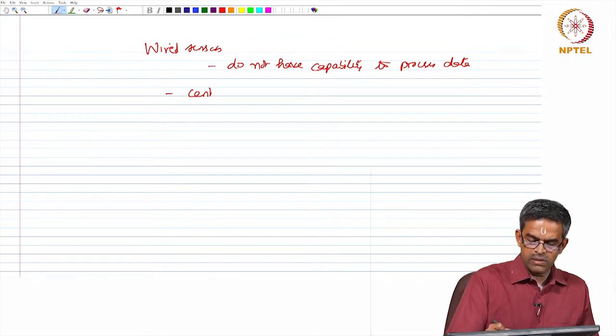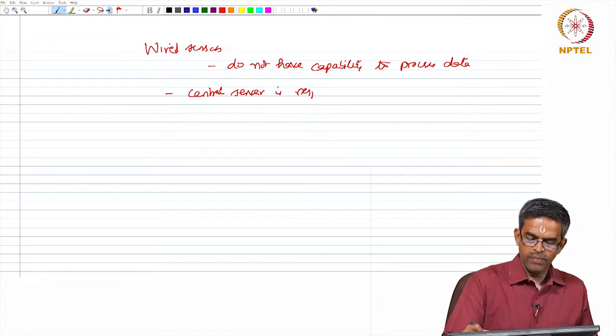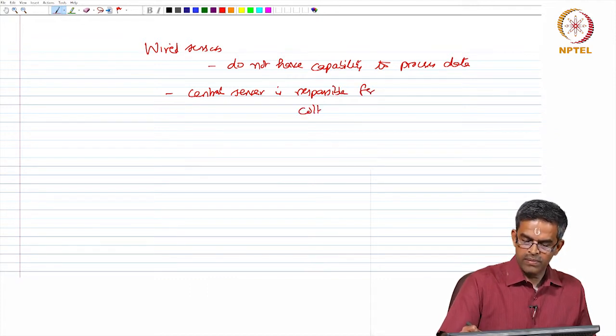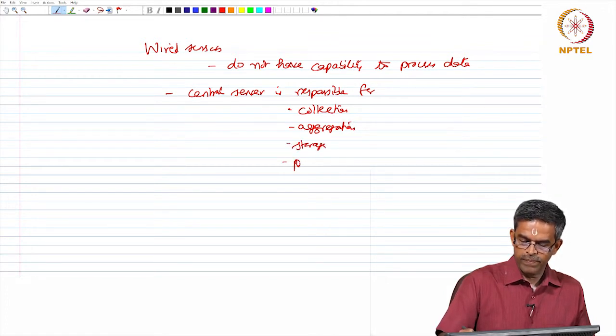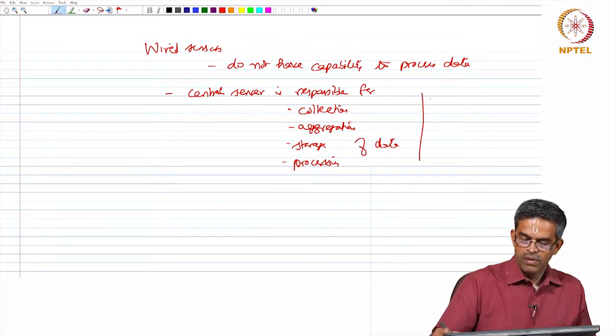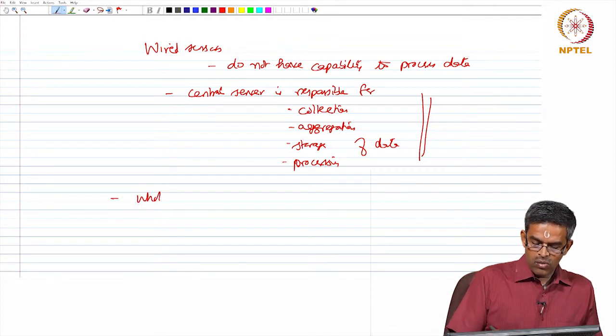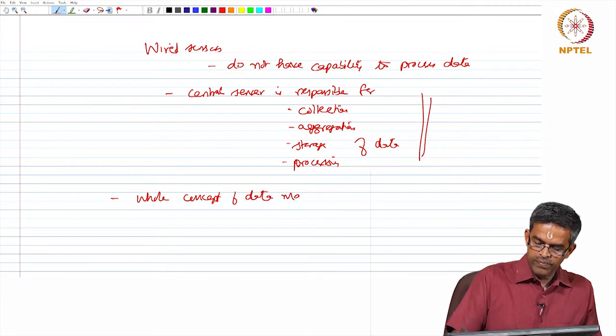So, the centralized server is responsible for collection, aggregation, storage and processing of data. So, the whole concept of data management is centralized.